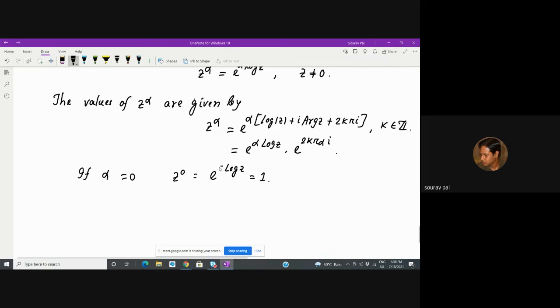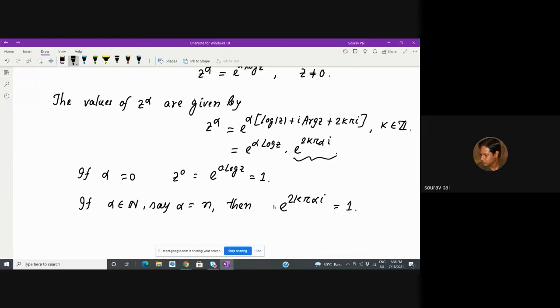And now the point is, if alpha is a positive integer, say alpha is equal to n, then what do you have? I'm talking about this part: e to the 2k pi alpha i. What is that? This is equal to 1.